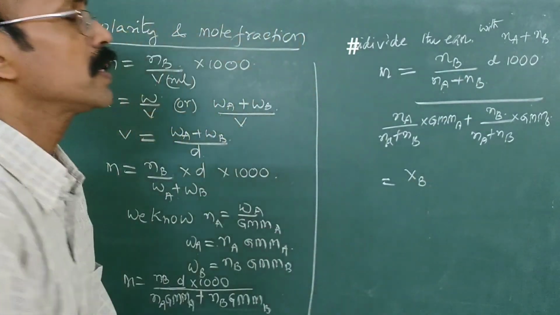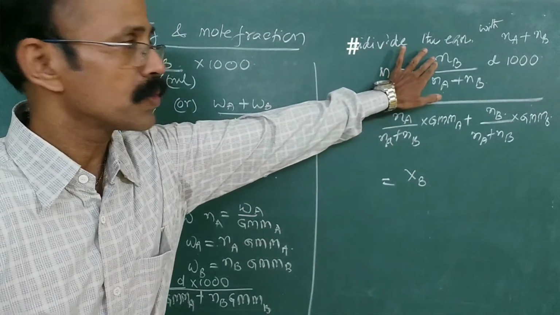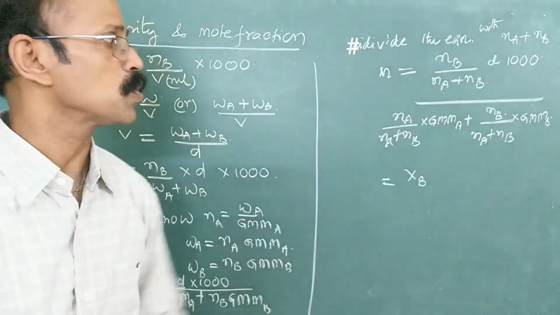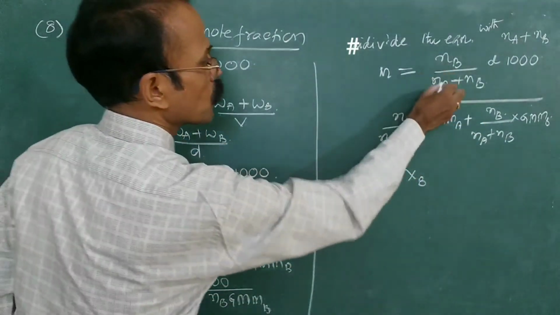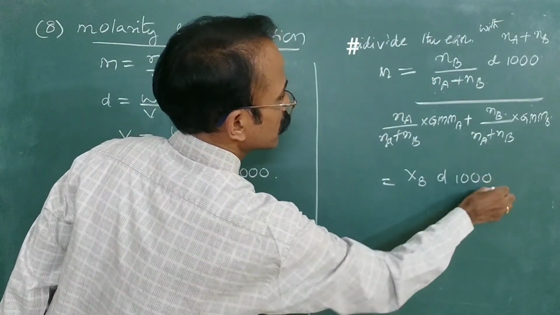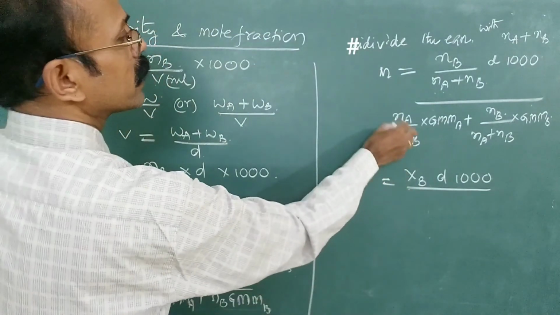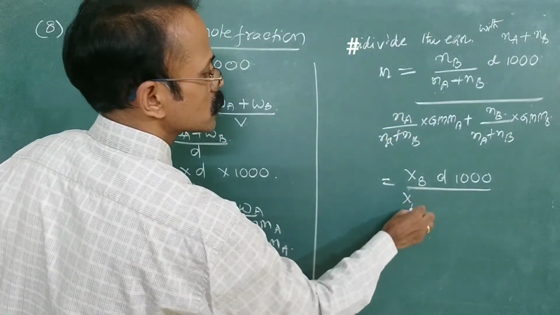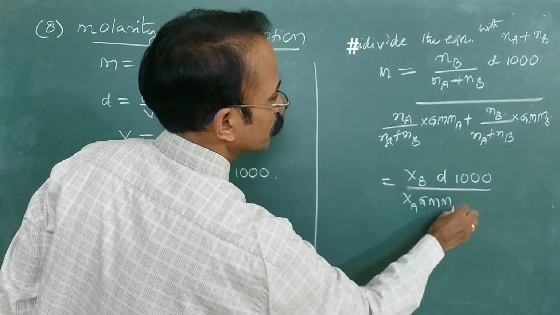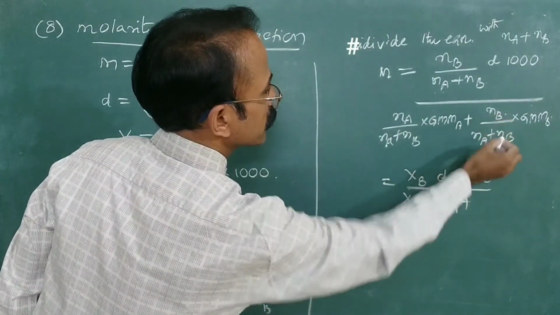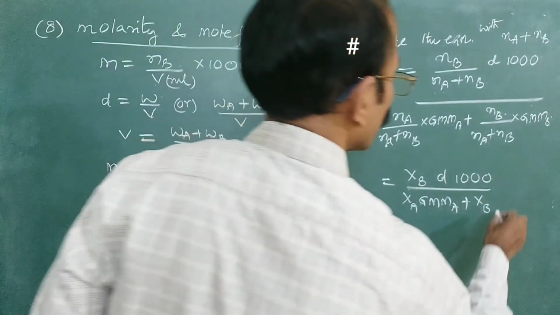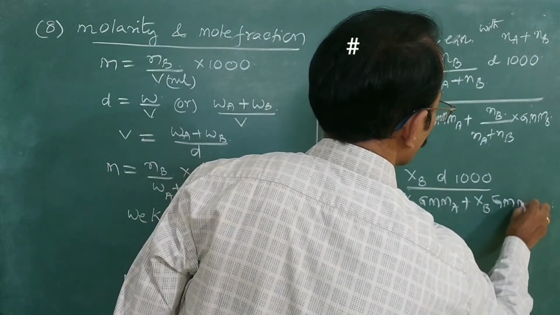The mole fraction of a component is equal to the ratio of the number of moles of a component to the total number of moles. So this is the mole fraction of solute into density into 1000, divided by the mole fraction of solvent into the gram molar mass of solvent, plus the mole fraction of solute into the gram molar mass of solute.